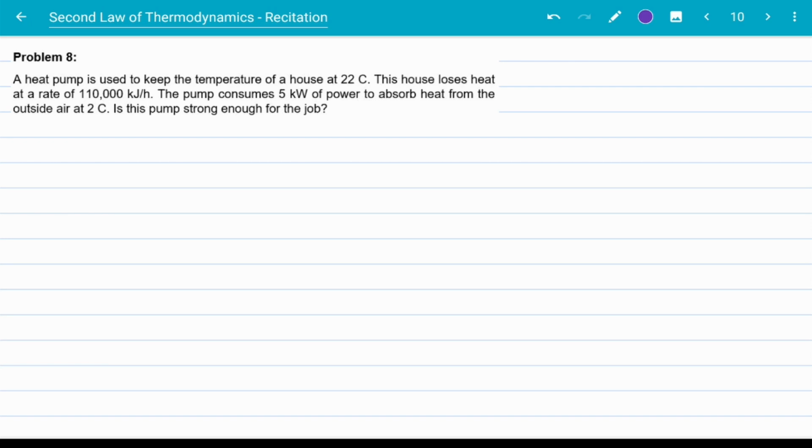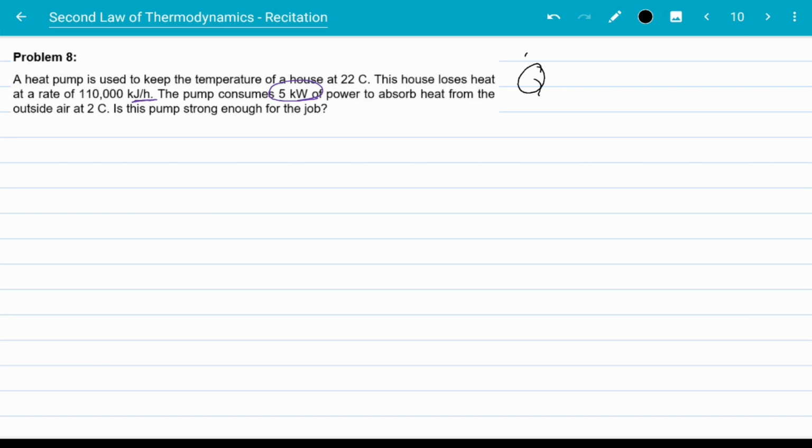So here we have an actual cycle that is consuming 5 kilowatts of power. We are going to see how much power an ideal reversible cycle consumes and compare the two to see if this one is strong enough. So let's start. First, let's make this kilojoule per hour unit something more useful. So the amount of heat that the house is losing, we did this a few problems back, is equal to the amount of heat that the heat pump is pumping into the house.